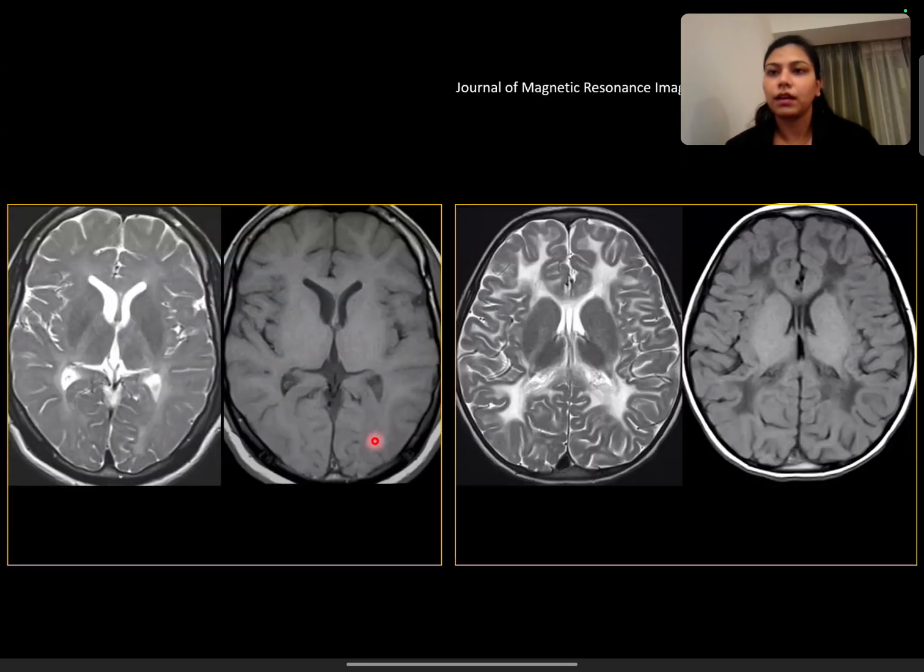Again, we saw this image in the last session. Like previously, we can use the chat, and you can all tell what the first image is and what the second image is. Basically, the differentiation between hypomyelinating and demyelinating leukodystrophies.